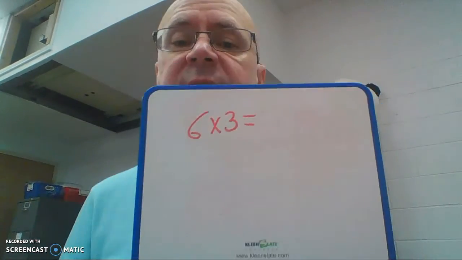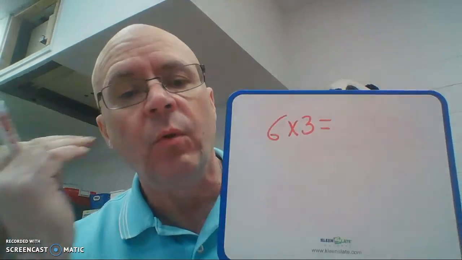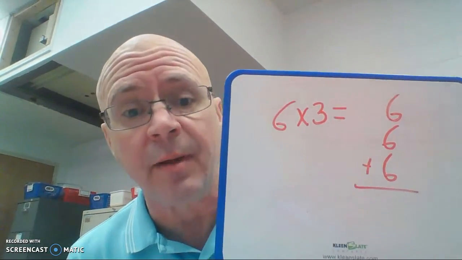Now, we say 6 times 3 equals all the time. We know how to read this sentence. But what does that really mean? That means 6, 3 times. That's what that means. So you could literally add 6 together 3 times to get the answer to that problem, right?